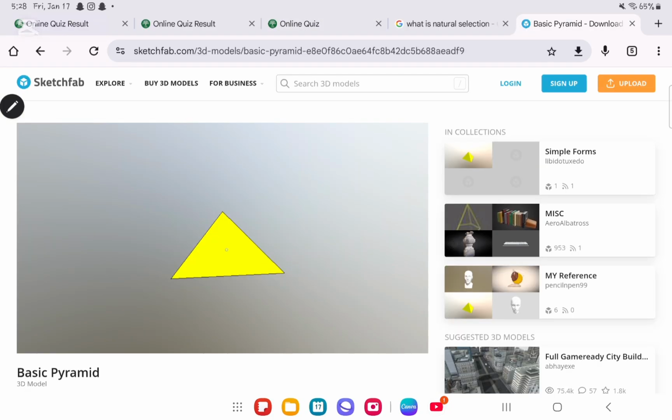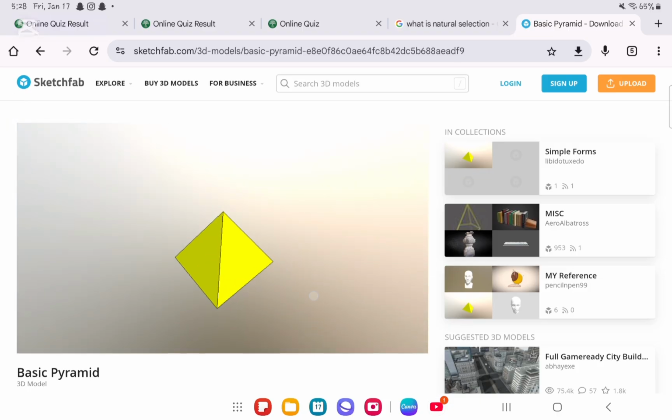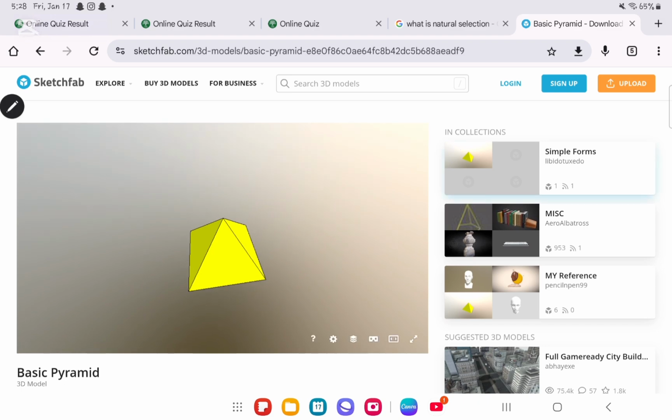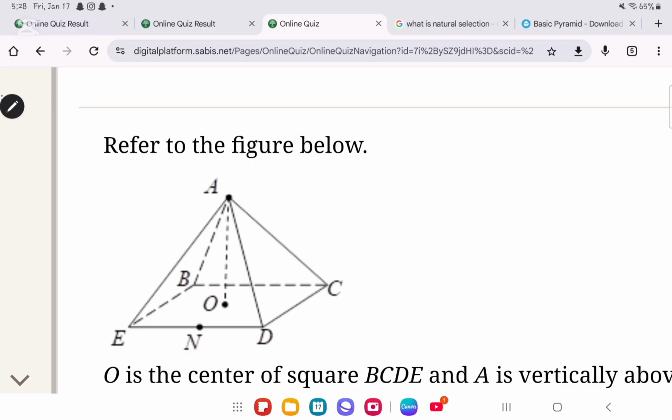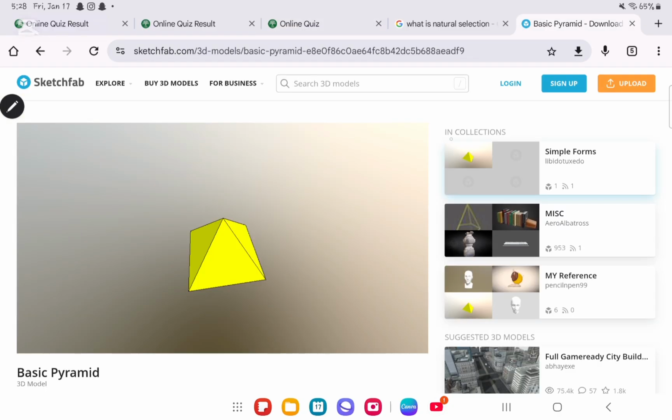Okay, so let me explain. If this over here is our pyramid, this is what our pyramid looks like from on top.